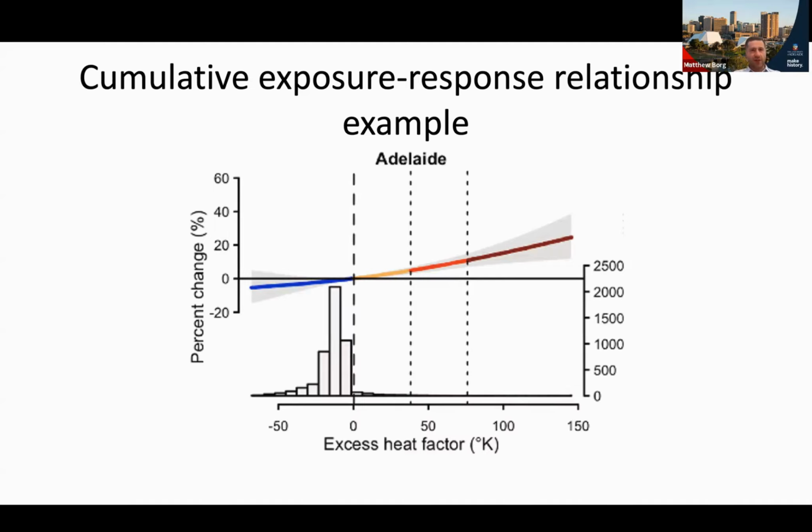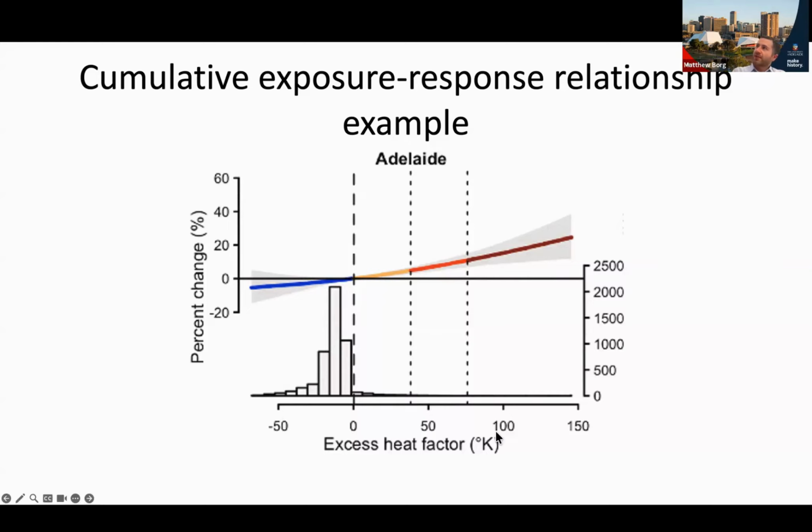I'm just going to go through an example to show how this works. This is an example from one of my studies, looking at the number of occupational injuries and illnesses attributable to heat waves. This was measured using excess heat factor as a continuous metric.